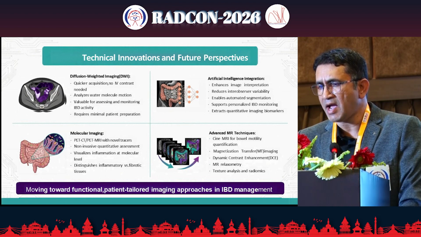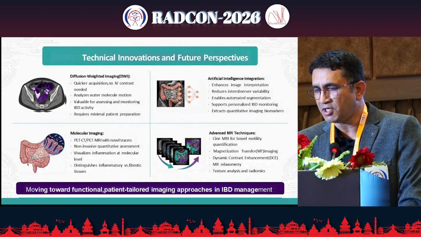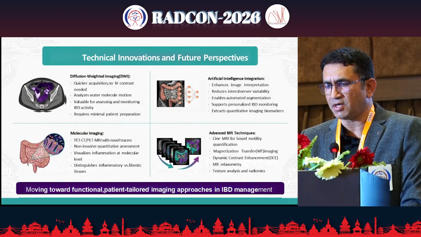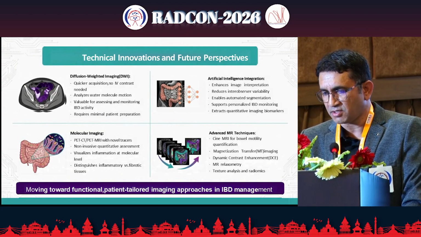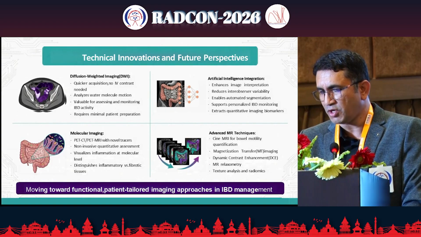Nowadays, we use AI to enhance image interpretation. It reduces inter-observer variability, enables automatic segmentation, and extracts quantitative imaging biomarkers. And some recent MR techniques like cine MRI and MR relaxometry are also used.